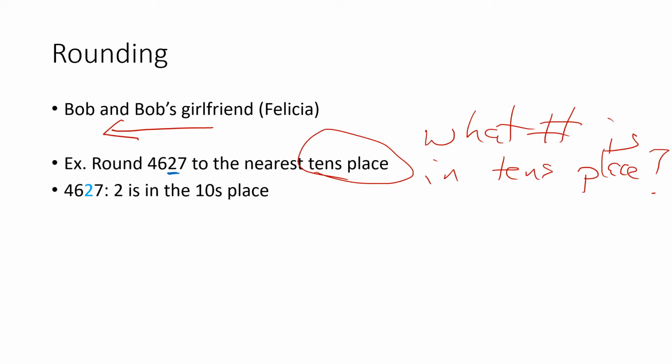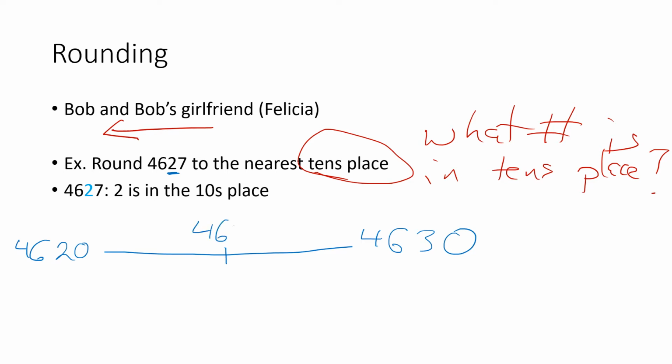Essentially, what we're asking here is if we put this on a number line. Here is 4,620. Here is 4,630. Right here in the middle is 4,625, right in between the two of them.